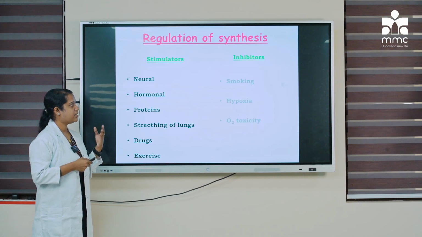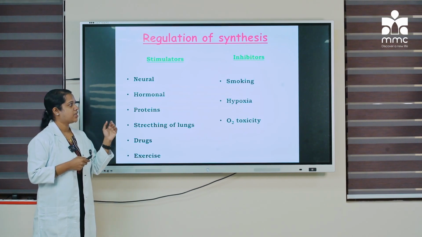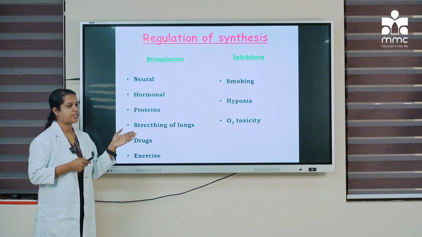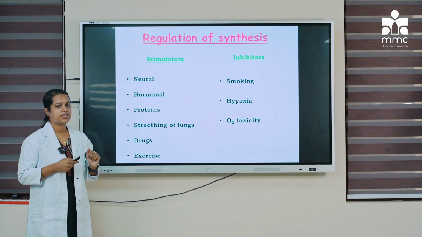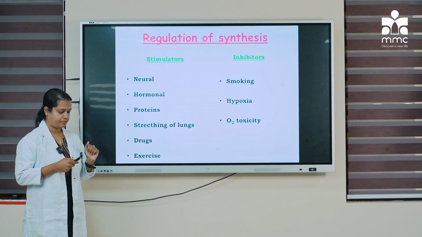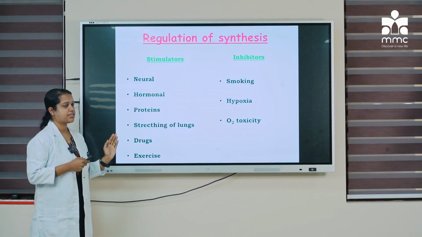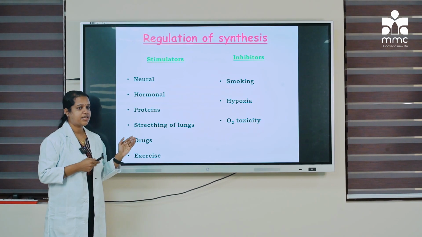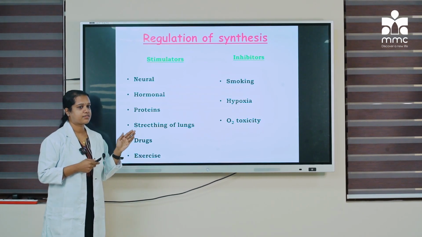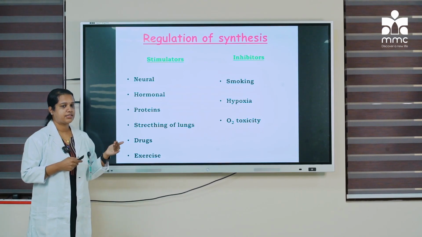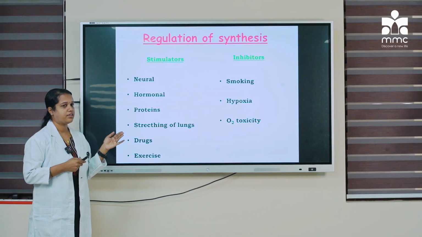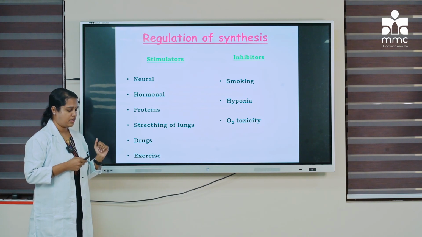Now coming to the inhibitors of surfactant synthesis, smoking, hypoxia and oxygen toxicity are a few factors that will inhibit or decrease the surfactant secretion. So this slide summarizes the factors that can stimulate and inhibit the surfactant synthesis and secretion. So we have seen the structure of the surfactant, its composition, from where it is synthesized and how it is synthesized, and what are the factors that are involved in the regulation of the synthesis.